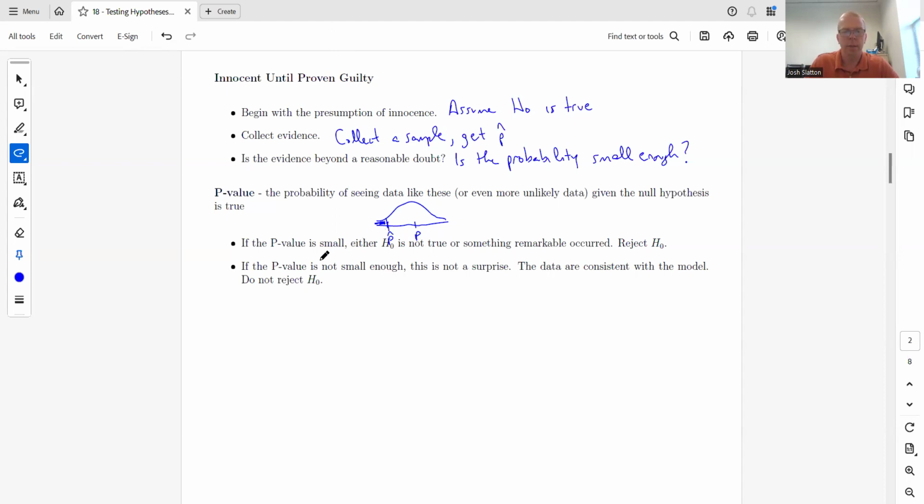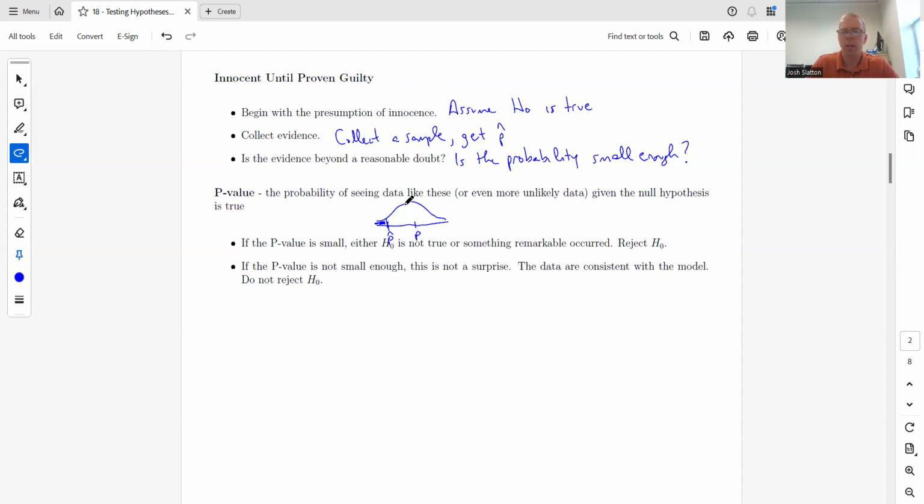If the p-value is small, then either the null hypothesis is not true, or something remarkable occurred, in which case we would reject H naught. If the likelihood that we are way down here is small enough, then we can think maybe this is not true. Maybe p is not actually right there. Maybe it should be down here somewhere. Or if the p-value is not small enough, this is not a surprise.